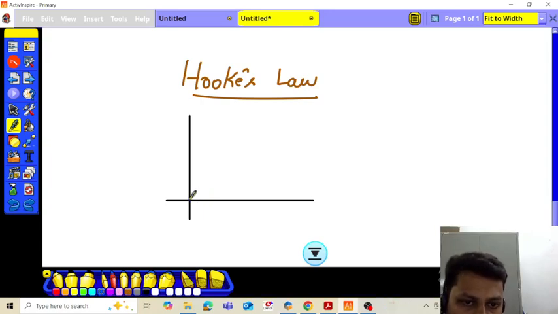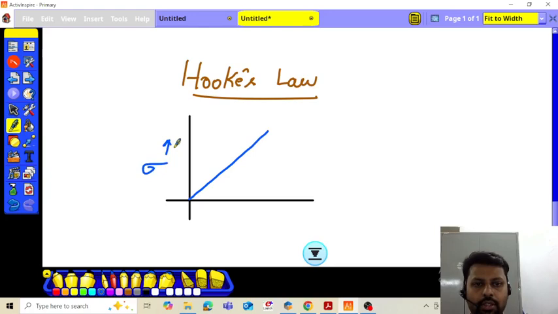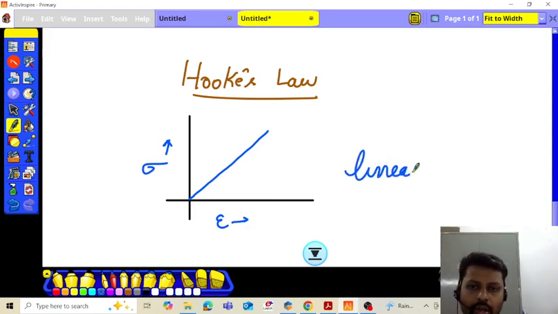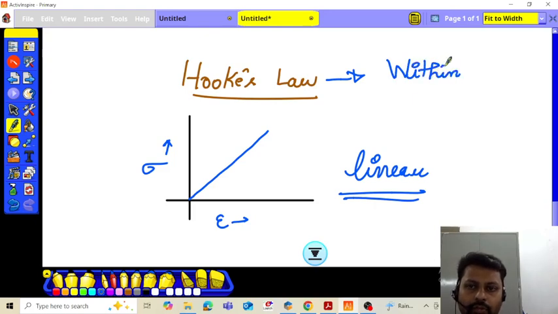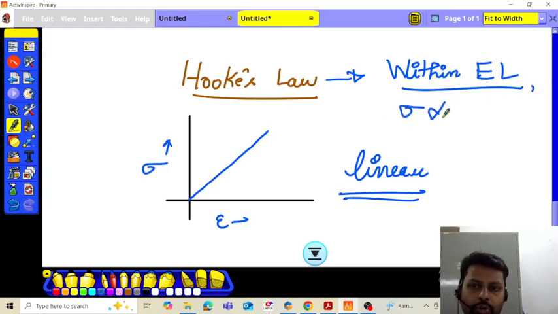So if I draw the stress and strain over here, this is stress and this is strain, you can see it is varying very linearly. The variation is linear. That's a very important thing. Hooke's law states that within the elastic limit, and that's a very important point, you should underline that, stress is proportional to strain.